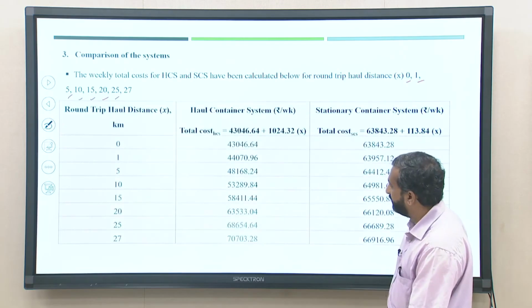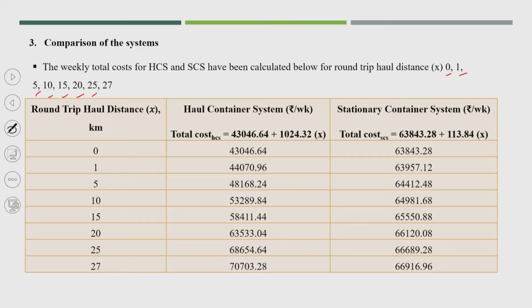So, I already prepared that. Once we put in the different x values, this is the equation for the haul container system and this is the equation for the stationary container system. Here you see that once your haul distance is increasing, the total cost of the haul container system also will increase.